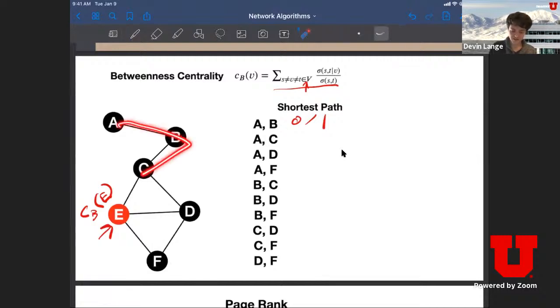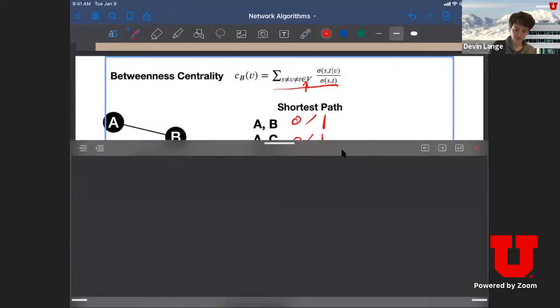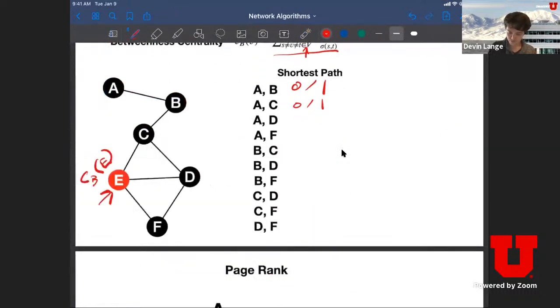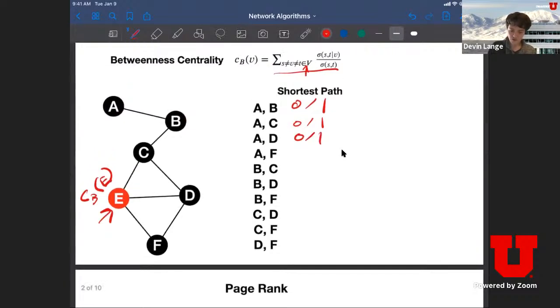From A to C, a similar thing. No path there. A to D, again, does not include E. Nope. And now once we get to A to F, it gets a little bit more interesting because you may notice the shortest path from A to F could be this, but it could equivalently be along this route.